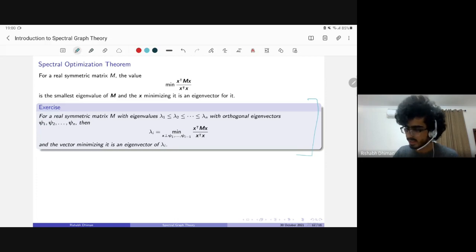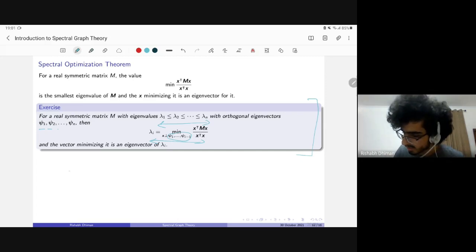Now instead I say I have these eigenvectors 1, 2, up to n, and the associated eigenvalues are, say, non-decreasing. Then the ith eigenvalue will be this minimum if you only consider those x which are orthogonal to these eigenvectors.